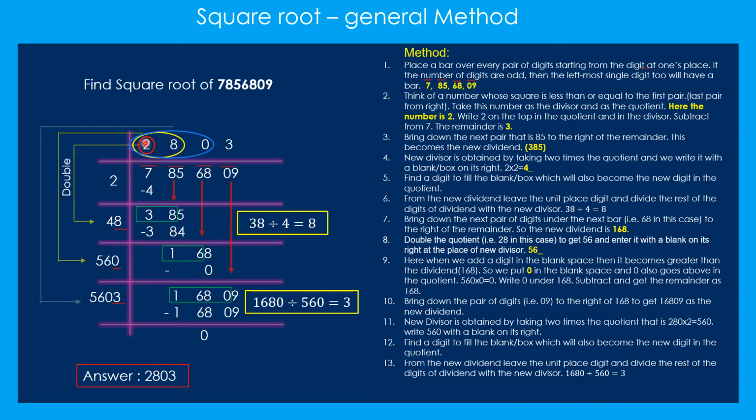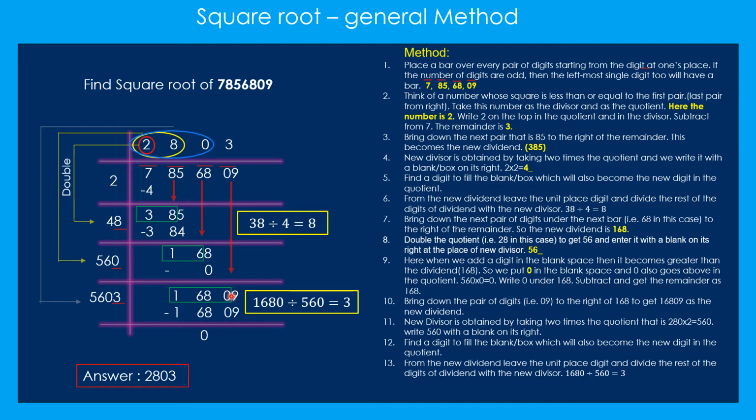When you double 280, you get the new divisor 560. And then in front of 560, you just add a blank space. Whatever number is added to the blank space, you have to remember that number is also added to the top of the quotient.